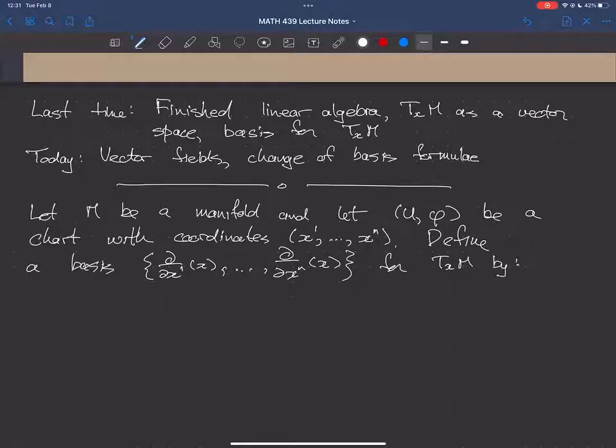The way we defined this basis was, we have a chart, and the chart therefore has associated to it a natural chart for the tangent bundle, and remember we had notation for that. All we do is take these tangent vectors, and we say that they get mapped to the standard basis vectors for Rn under the coordinates t phi for the tangent bundle.